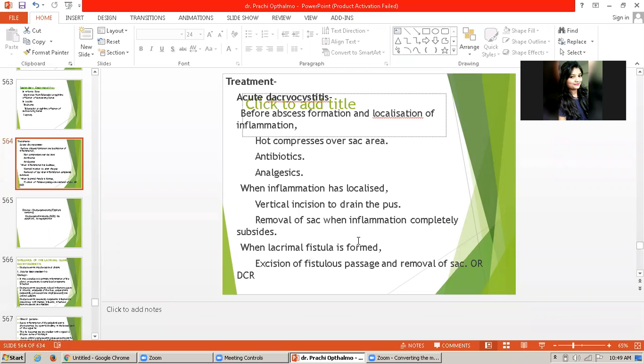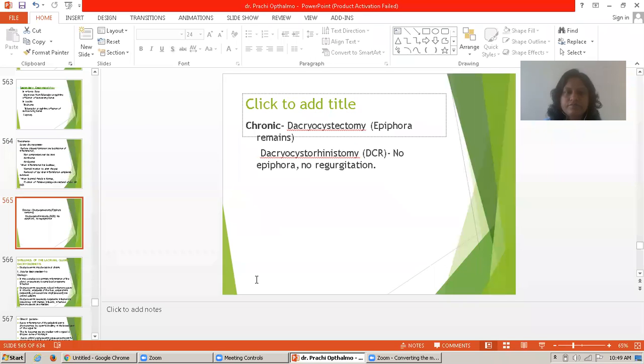And when a lacrimal fistula is formed, there is an excision of the fistula's passage and removal of the sac, or DCR can be done.